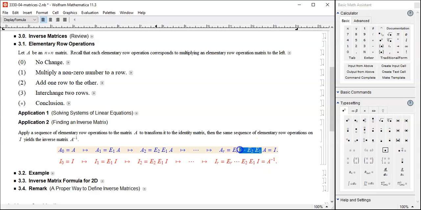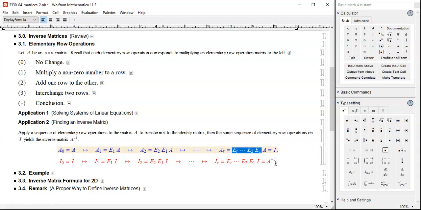The same as before, which generated I. But this time I started from I. Identity doesn't change anything. So the result is nothing more than E1, E2, E3, all the way up to ER to the left. And that is the inverse matrix. You see, the same thing times A equals I. So that is the inverse matrix. That is the theoretical background.